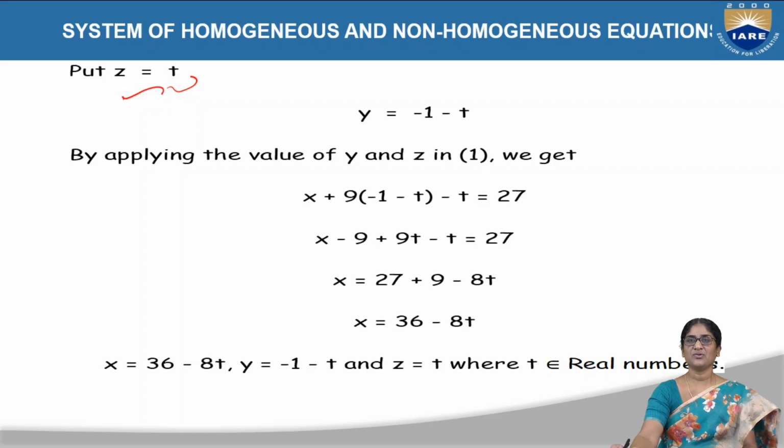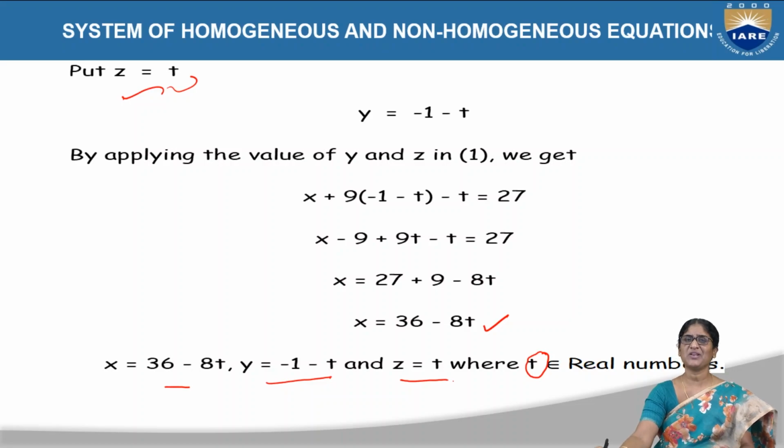You are going to get y is equal to minus 1 minus k, and substituting that y value, you get the value of x. So x is equal to 36 minus 8t, y is equal to minus 1 minus t, and z is equal to t, where t is a real number. How many values you assume for t, that many solutions you will get for the linear equations.